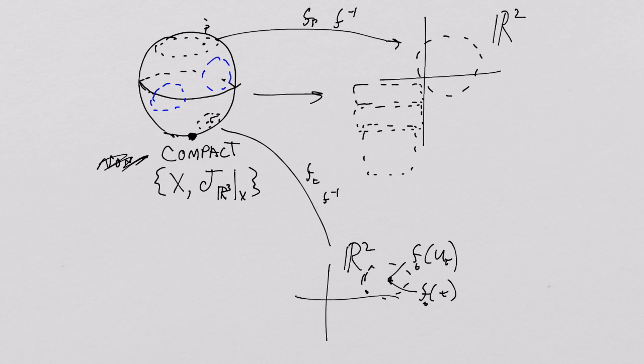So the point being is that despite the fact this whole thing is not mappable to R2, each region is. And that is what is characteristic of a topological manifold. Every spot is locally homeomorphic to a subset of Euclidean space. And that's what a topological manifold is.